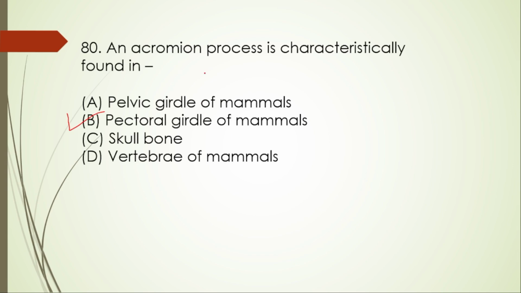Acromion process is what actually? Bony prominence of the scapula, that is shoulder blade, which is a key component of the pectoral girdle. It extends over the shoulder joint and articulates with the clavicle, that is collarbone, to form the acromioclavicular joint.